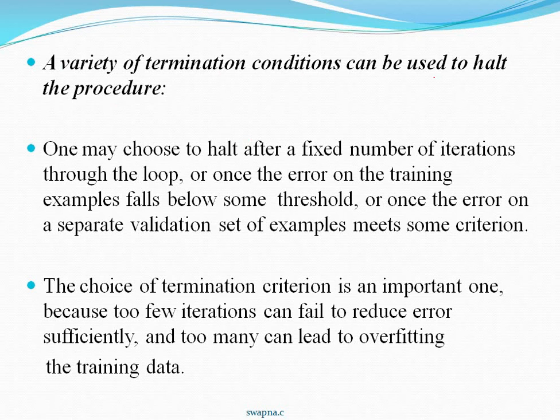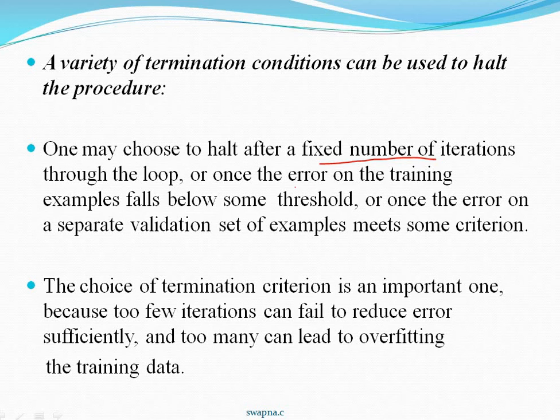A variety of termination conditions can be used to halt the procedure and stop that thousands of iterations. These are the first choices. Halt after a fixed number of iterations. Here we consider some fixed number of iterations and fix the loop condition with it. After that, it automatically stops the iteration.